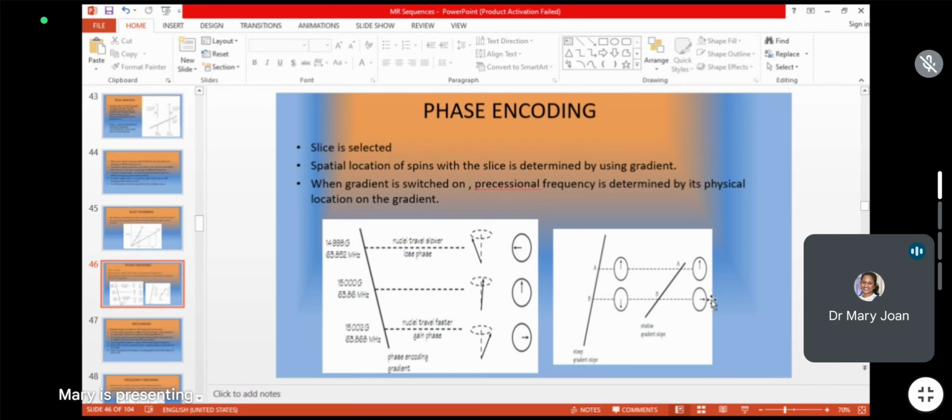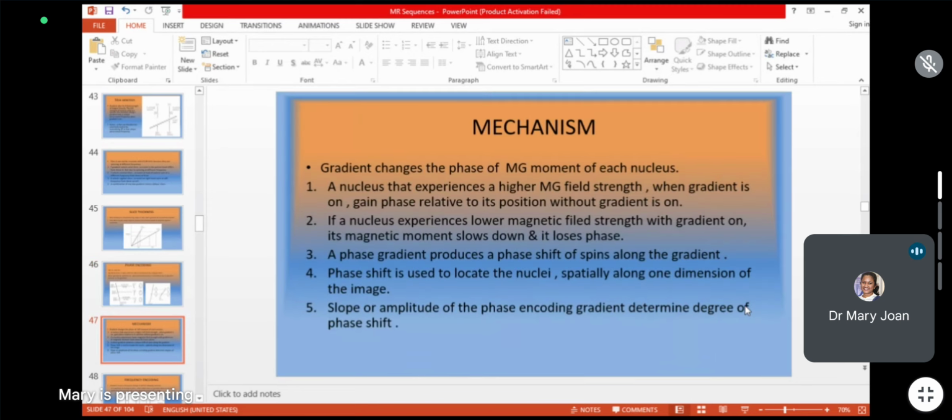Accordingly, for the nuclei which are in phase, or gain phase, the net magnetization is there, or if they lose phase, the net magnetization is negative. So that happens, and from that we will be able to understand how much variation there is from the actual one and its position.